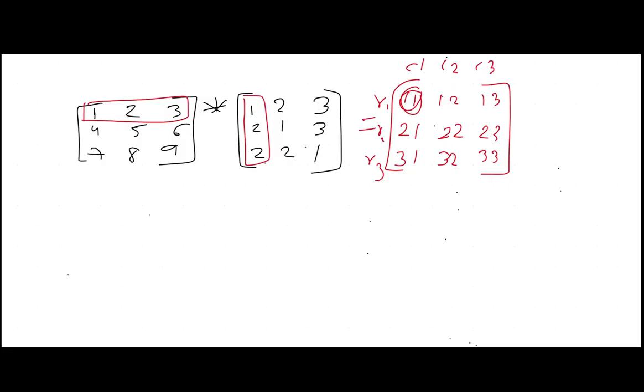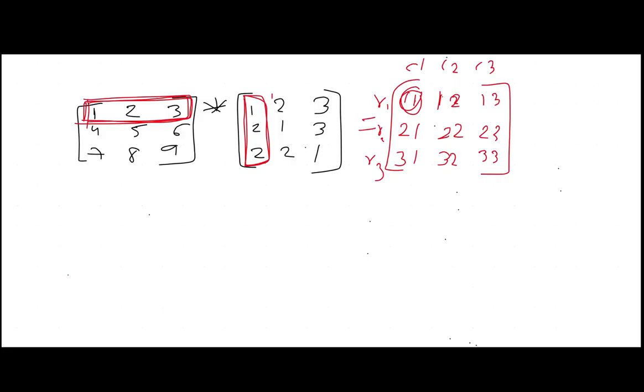So note down that in the first matrix we only look at the rows, and in the second matrix we only look at the columns. That is the idea. If I want the first row, second column, we do the same: the first row, and multiply with the second column.